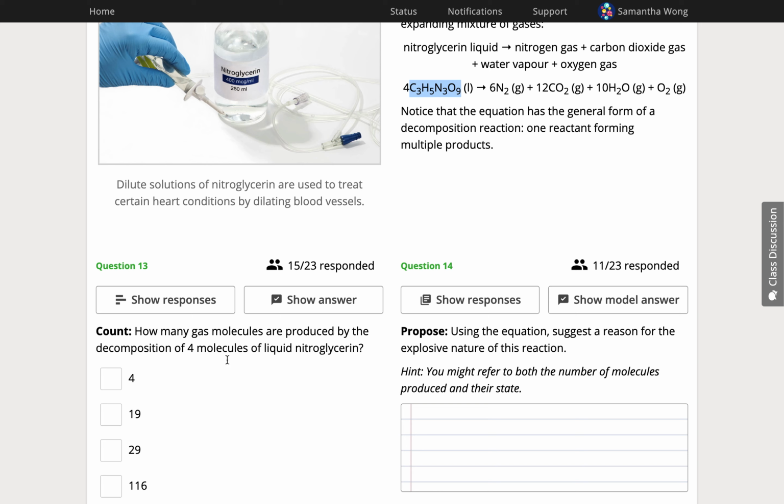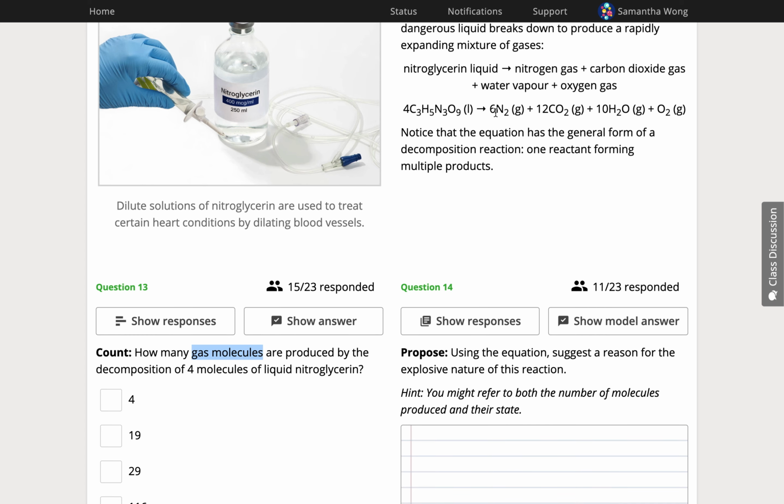As a result, how many gas molecules? So all those that are in a gaseous state. So that includes your nitrogen, carbon dioxide, water vapor, and oxygen. So all we have to do is add the coefficients together. So the numbers at the very start.